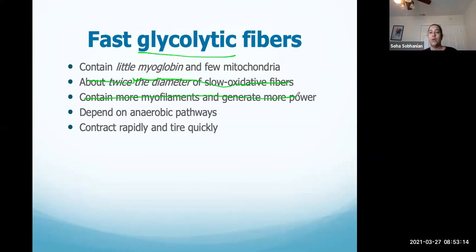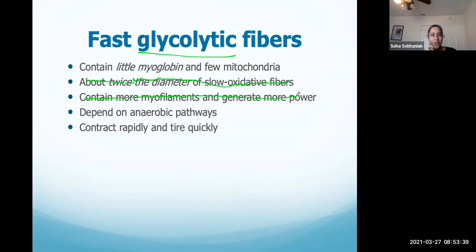One quick note on this. If I ask you guys, what is the typical color of a fast glycolytic fiber? Is it white or red? What would you say? It's white, correct. Because you don't have a lot of myoglobin, and you also don't have a lot of what, guys? Other than myoglobin, you don't have a lot of what?